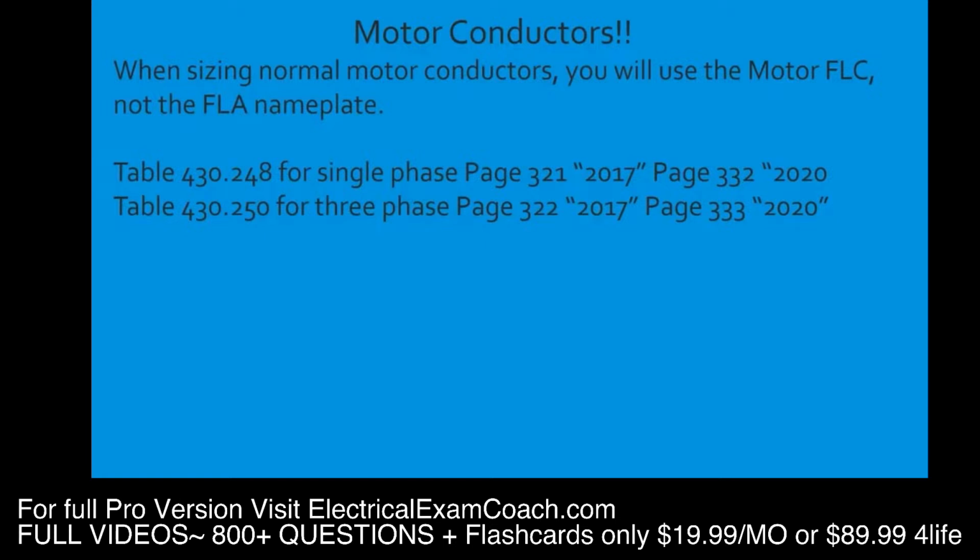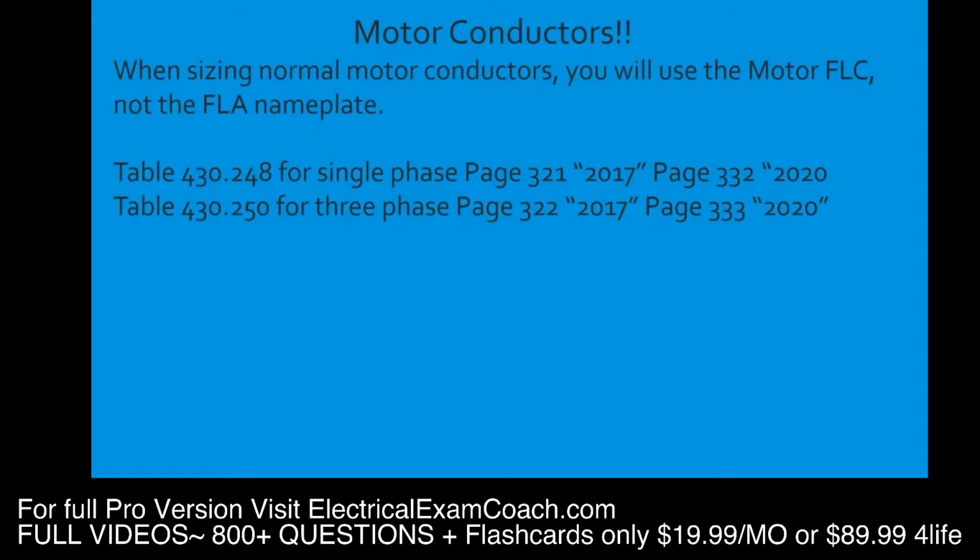When we go to read this table, we're going to read it just the same. We start on the left-hand side. It's going to be our respective horsepower. And then coming across the top are our voltages. Again, I want to warn you, make sure that whatever the question states, you choose from that voltage. So even if it doesn't make sense, if they put 230 volts on a three-phase system, just do whatever the question states, okay?